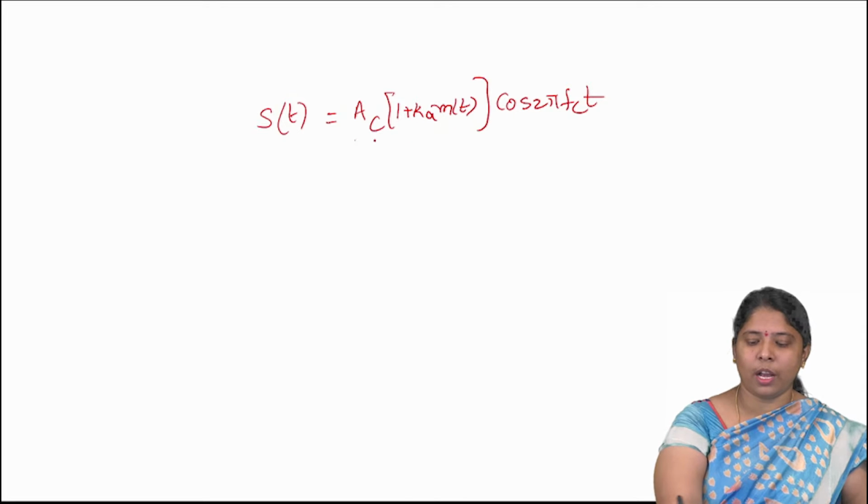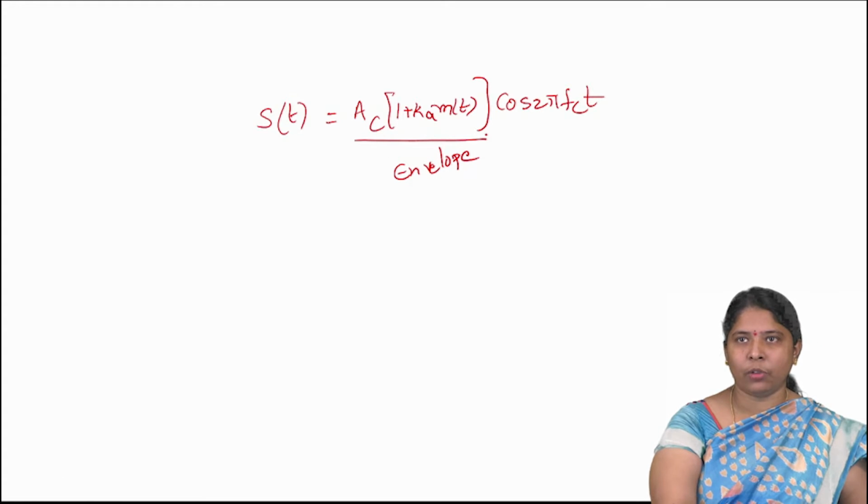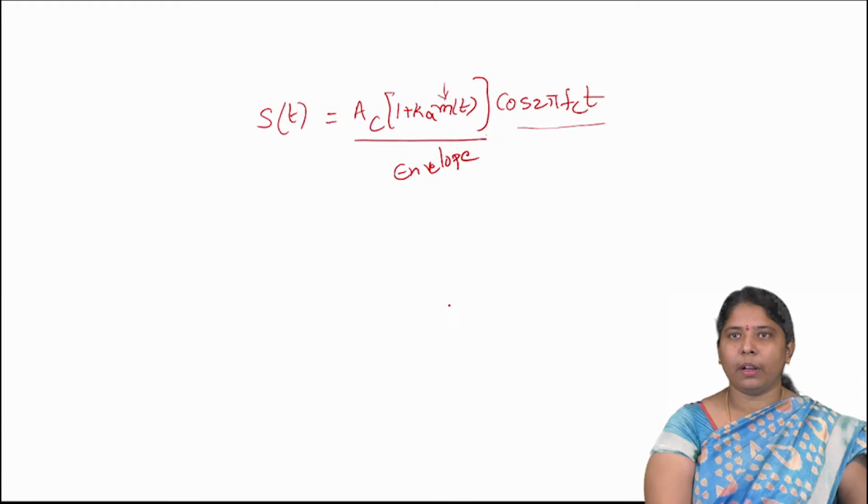This is called the envelope of the AM wave: Ac into 1 plus Ka into m(t) into cos 2 pi fc t. This is the equation of the AM wave for a general message signal m(t).